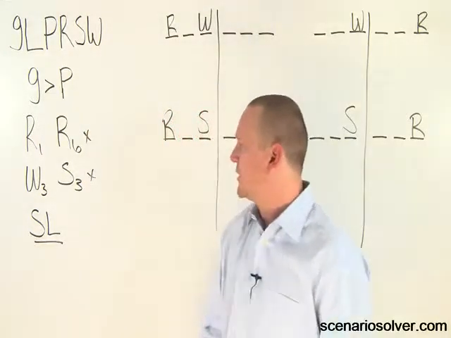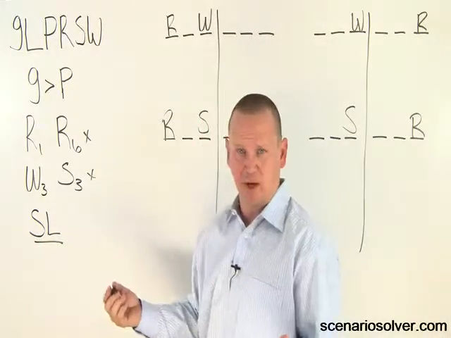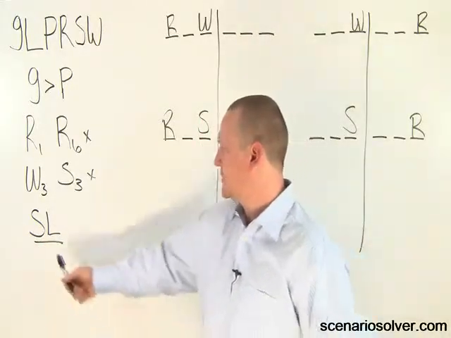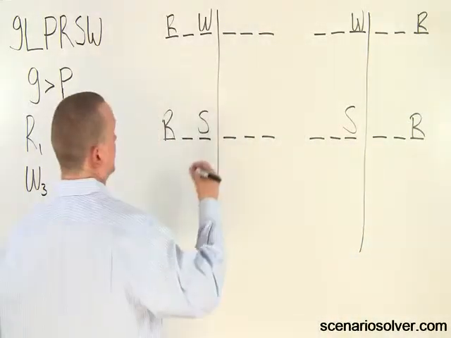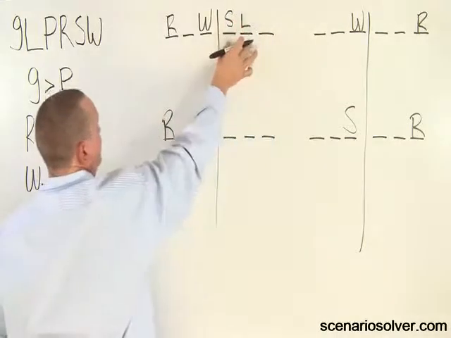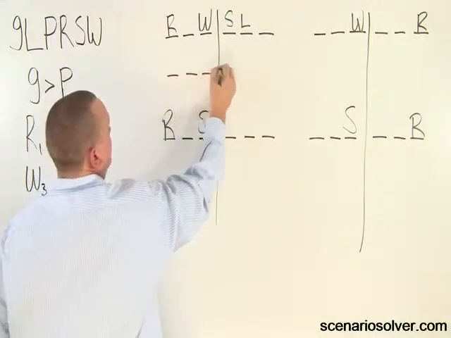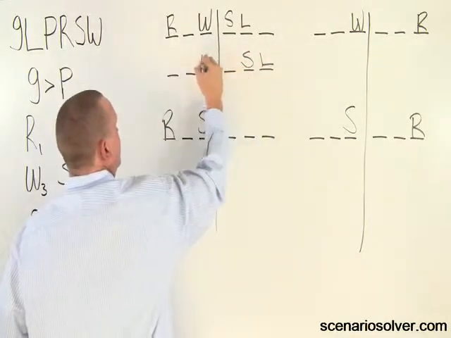And so now I'm looking for a second order rule, which is this. It's just basically a block of things that can happen. And we know that there's an SL block, and so I'm just going to exhaust what can happen with S and L. I can put SL here, and I can put SL right here.